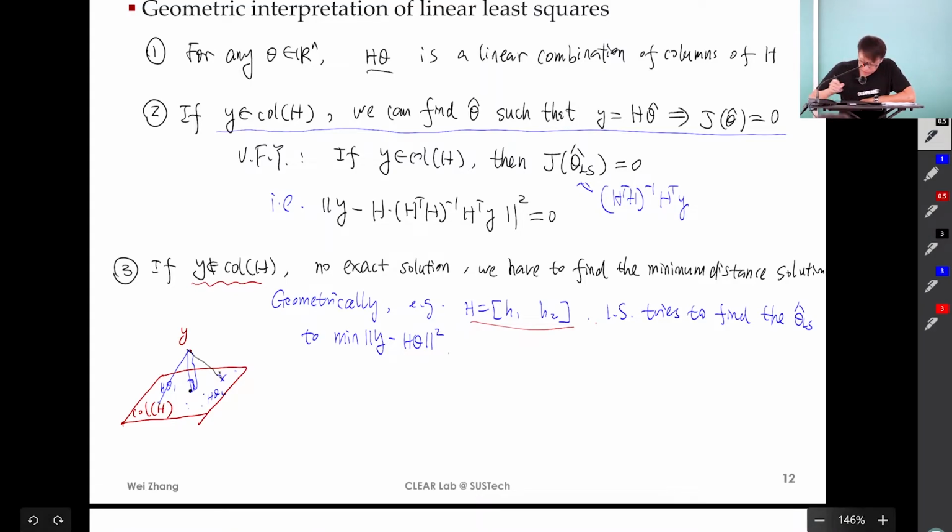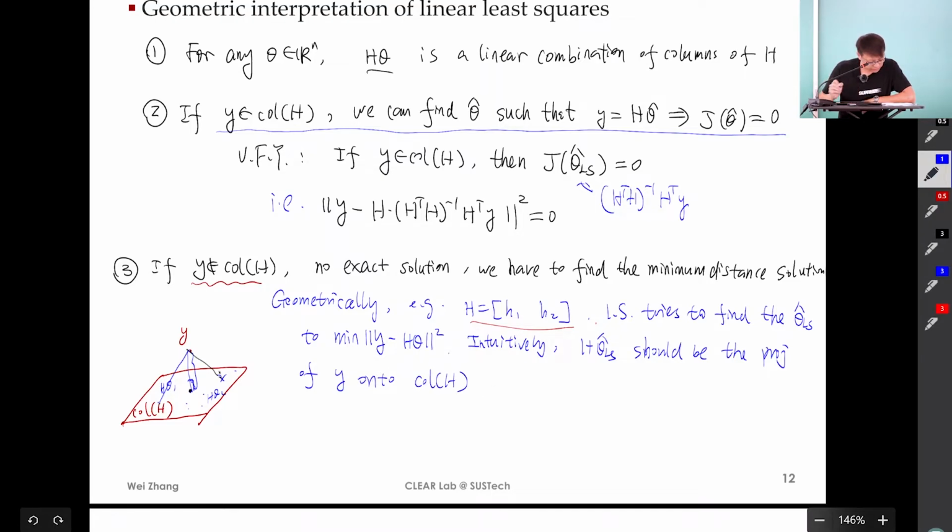So I will say intuitively, H theta least square hat should be the projection of y onto the column space of H. That's my intuition.